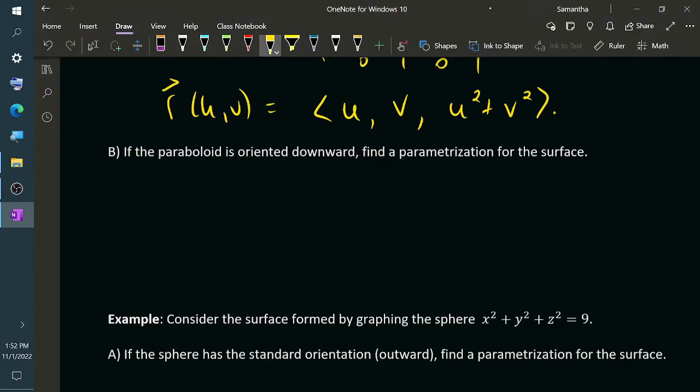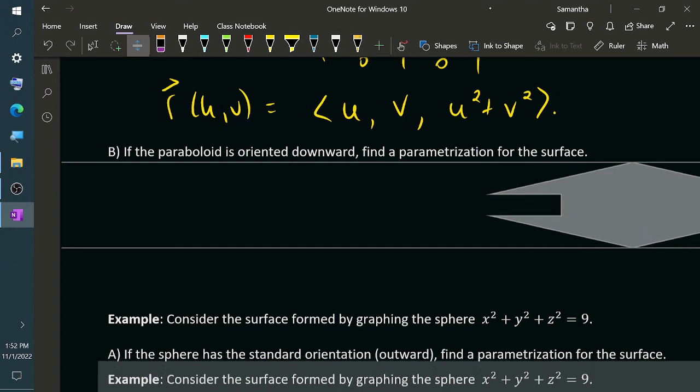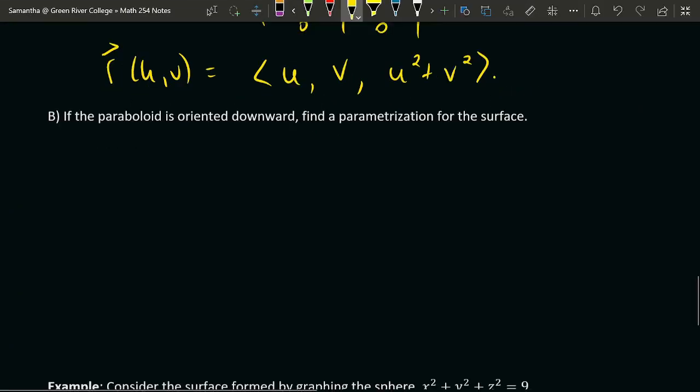Now, what if instead they said, okay, I want to parametrize this paraboloid, but I do not want it to be oriented upward. Instead, I want it to be oriented downward. I want a downward flow through this surface to be treated as positive.